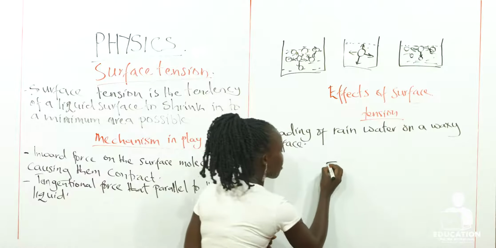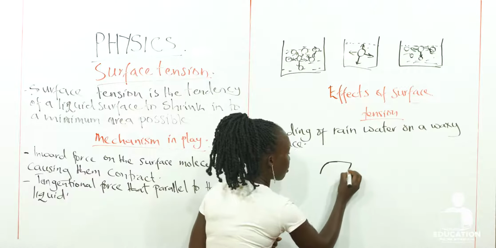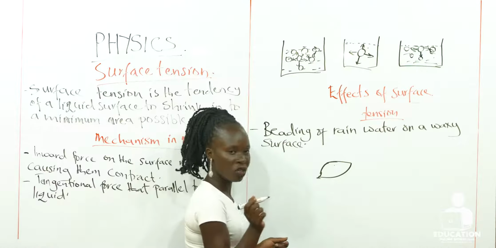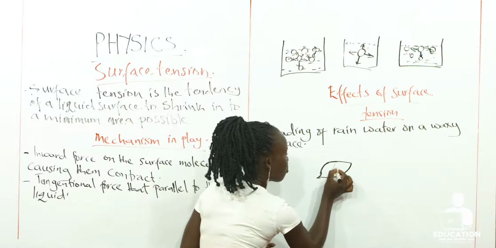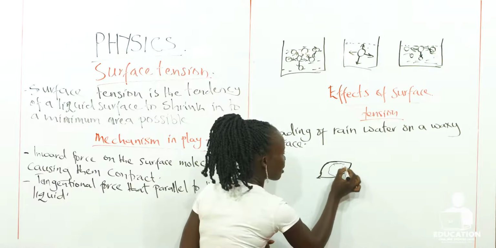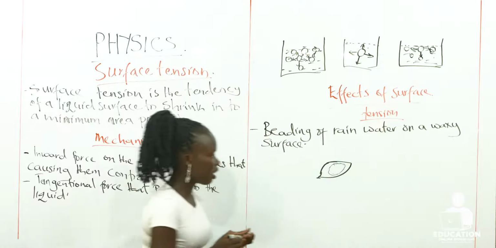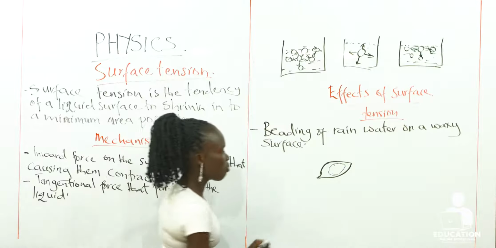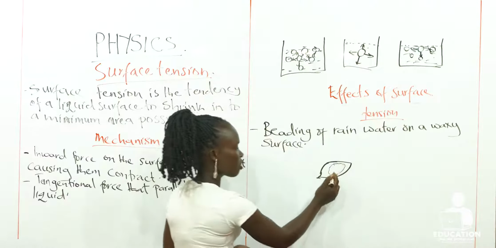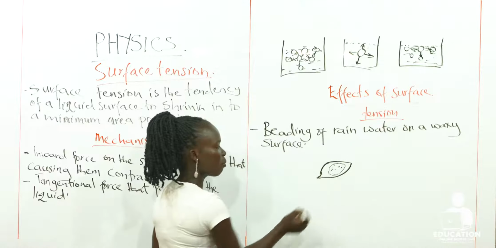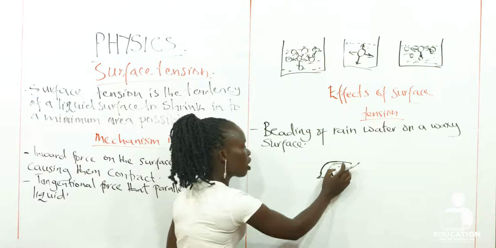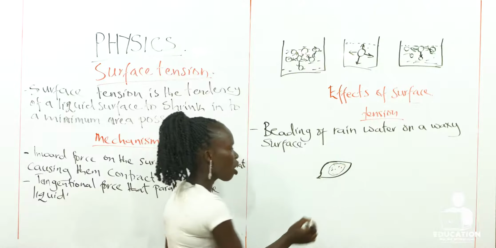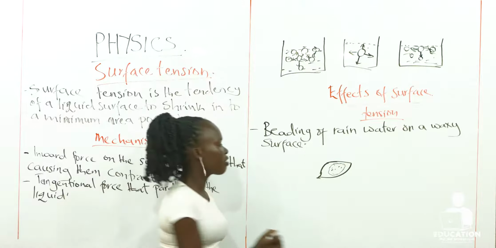If this is our leaf, as the rain drops on it, if it is not a lot, the drop will form something almost circular in nature. Due to surface tension and because of the cohesive forces in the water molecules, it will try to attract itself, and this drop will be formed in a circular way.